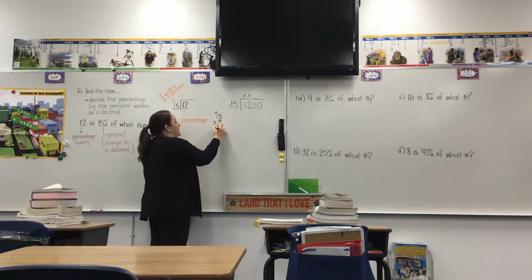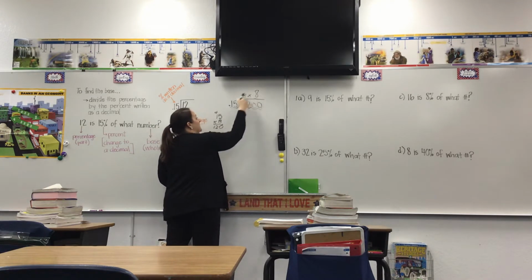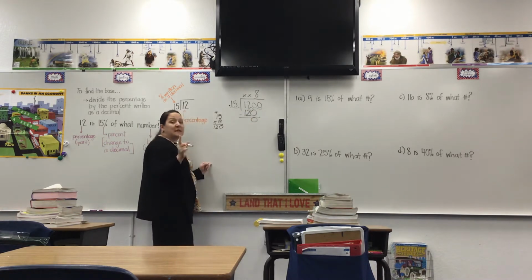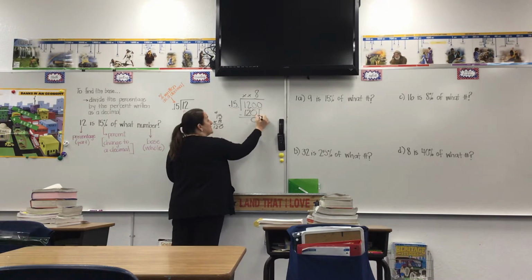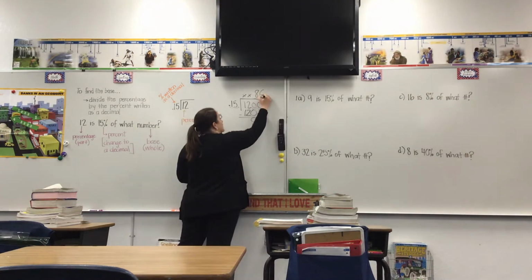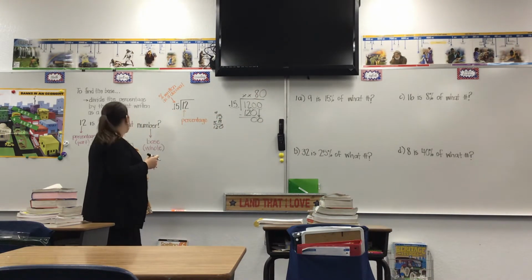Oh my, I did it the first time. Okay. So now I'm going to put an 8. I know that 8 times 15 is 120. I'm going to subtract, and guess what? Even though it's a 0, you still have to bring down. So you ask yourself, how many times does 15 go into 0? 0 times.